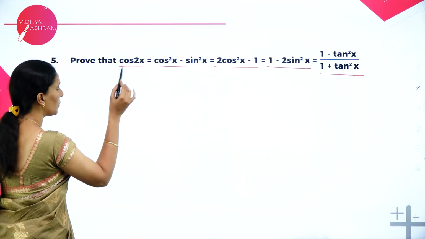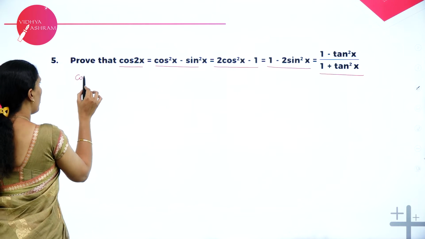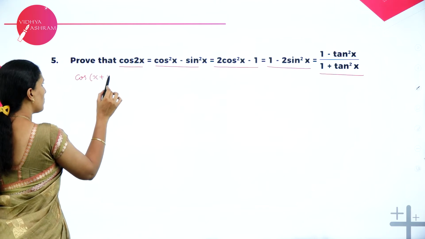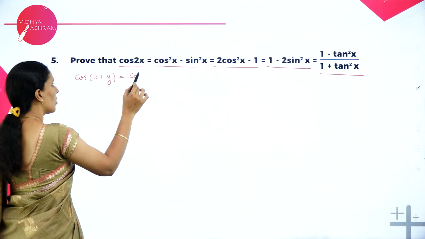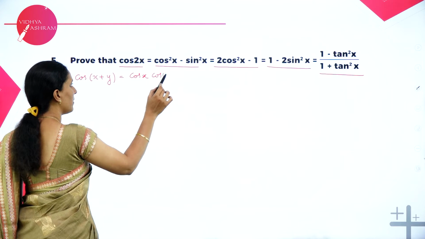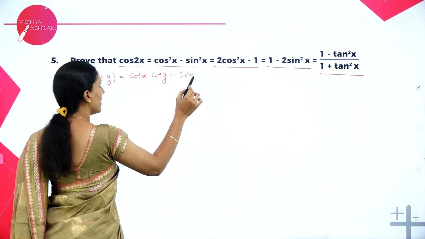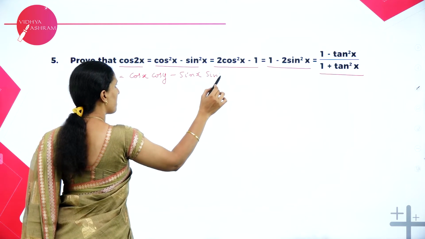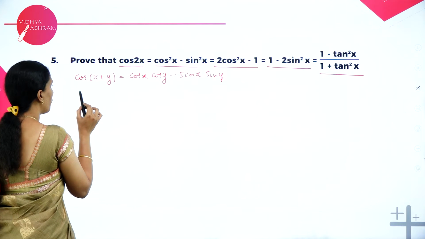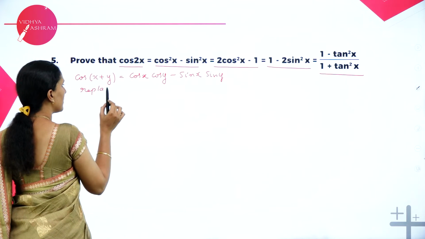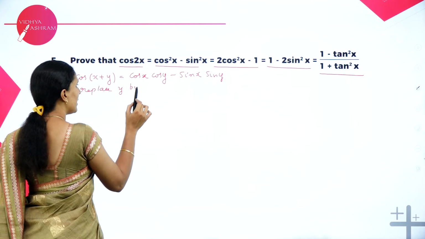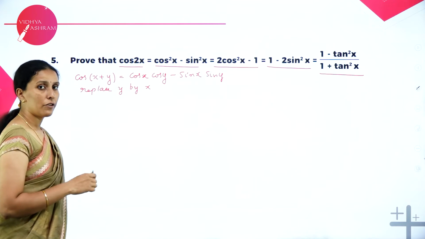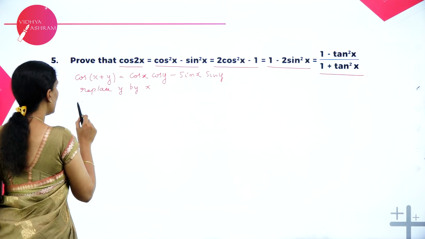So now let us prove them one by one. We know the formula of cos(x plus y), which is cos x cos y minus sin x sin y. Now in the place of y, replace y by x. So instead of y, if you substitute x, what happens here?